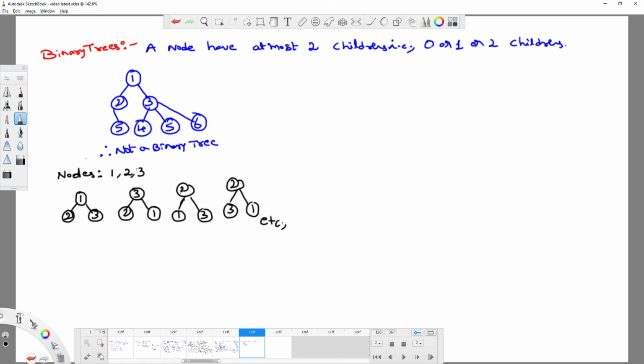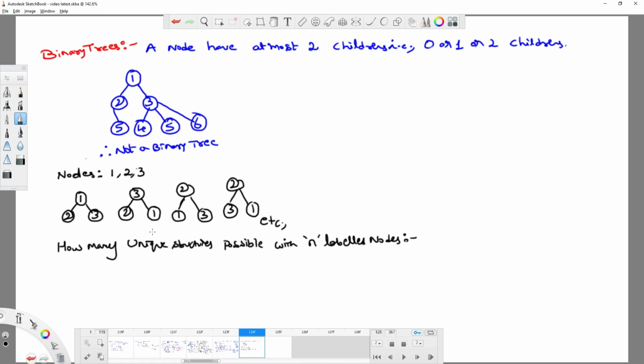8. How many unique structures are possible with n labeled nodes? If I have n labeled nodes, what does that mean?